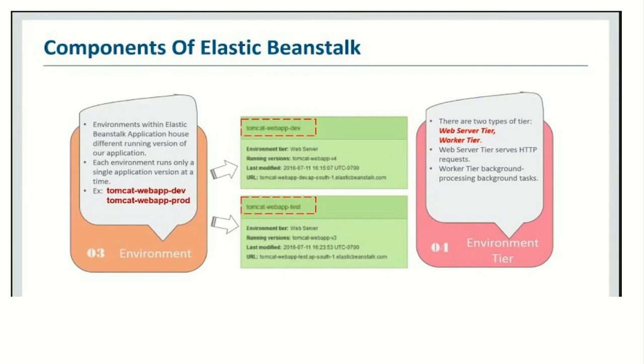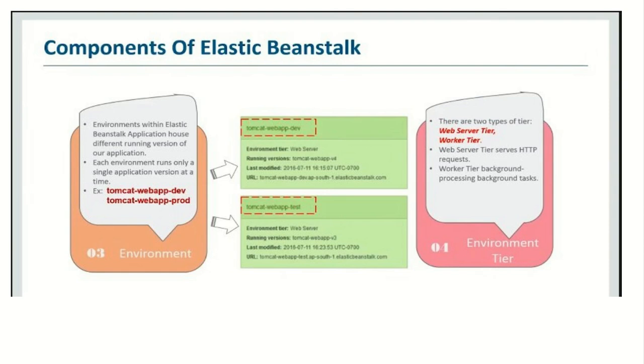Suppose I want different environments for different stages of my app, like an environment for the development stage, one for the production stage, and one for the testing stage. I can go ahead and do that, and create a different environment for different stages of my application.